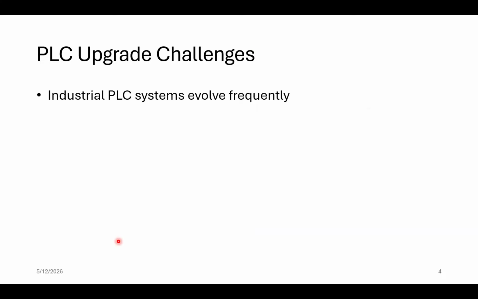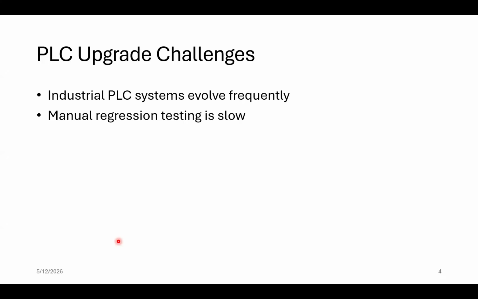Industrial systems, for example a running assembly line or a robotic arm, keep evolving. We might add new sensors, safety checks, and updates. But with every upgrade, there is a risk of breaking the earlier correct behavior, and that leads to costly downtime or safety issues.